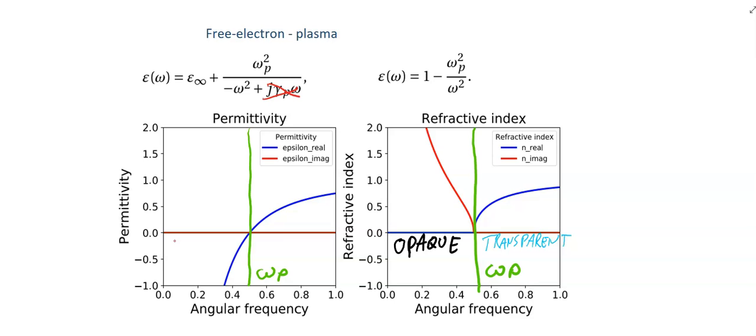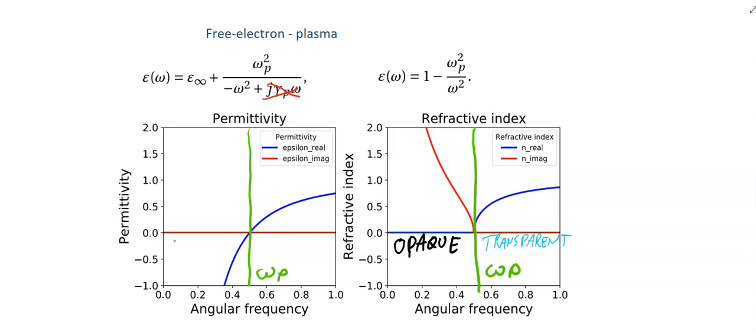The refractive index is 0 for negative permittivity, and large imaginary part displays high optical loss.